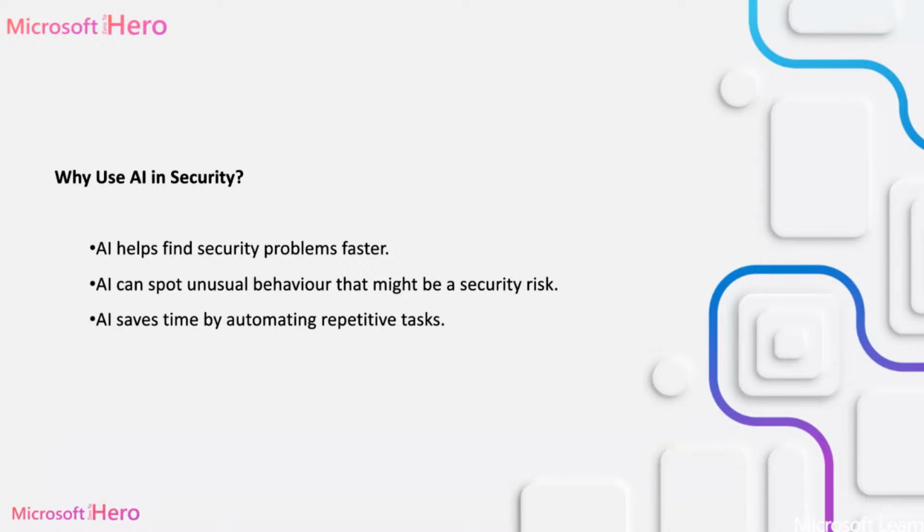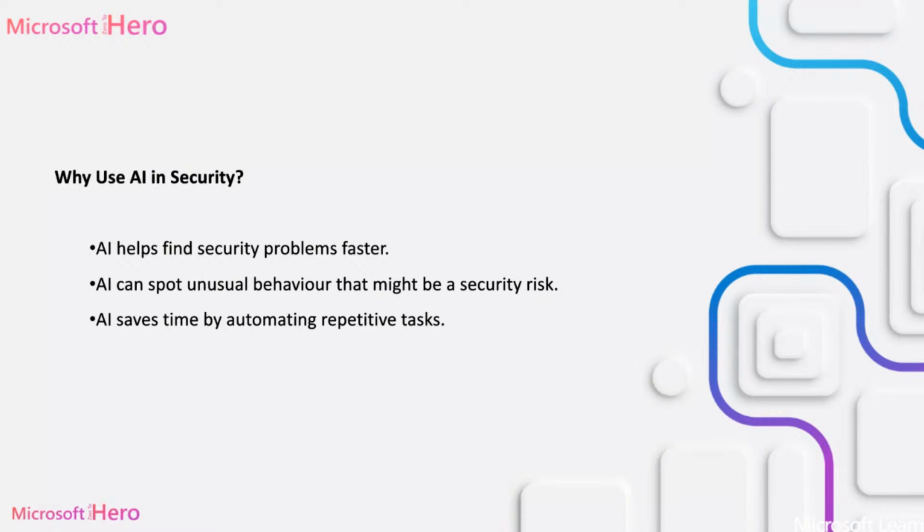Second, AI is great at spotting unusual behavior that may be a security risk. For example, if someone is logging in from a country they have never been to, AI can flag that as suspicious. It's like having an extra set of eyes that are always watching.